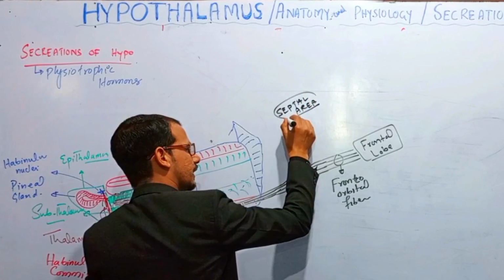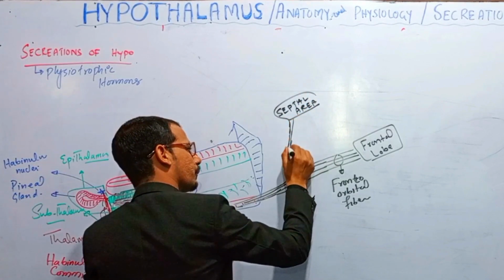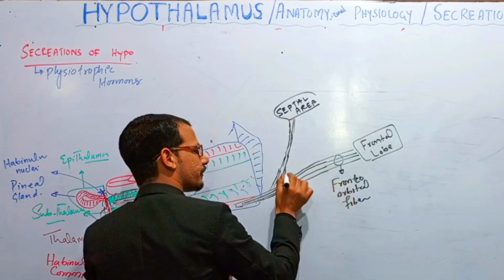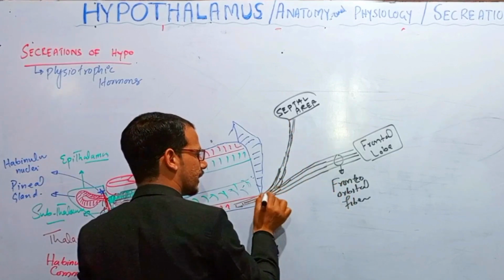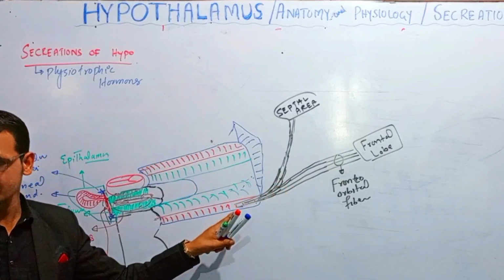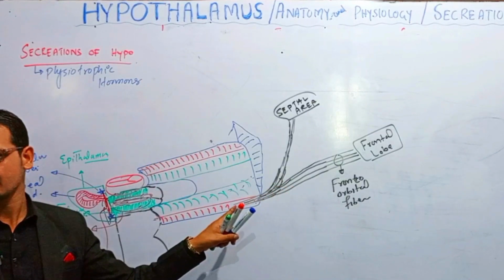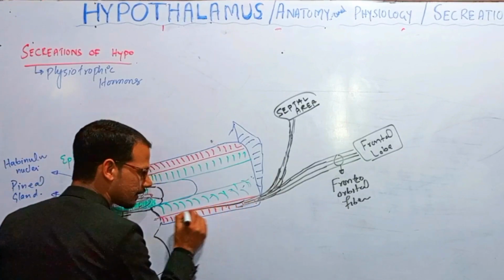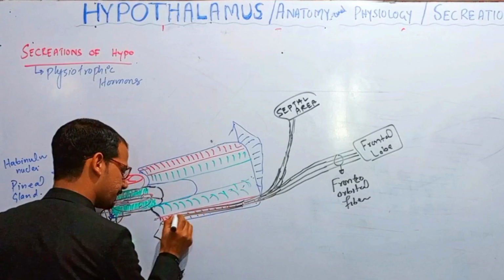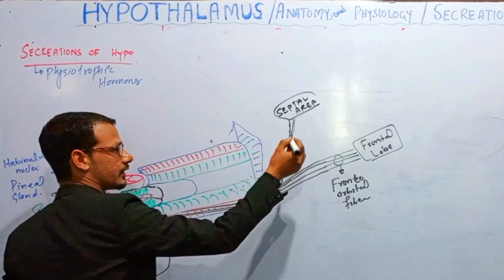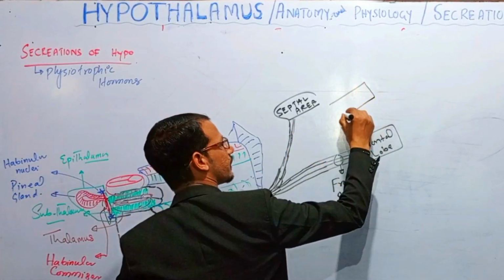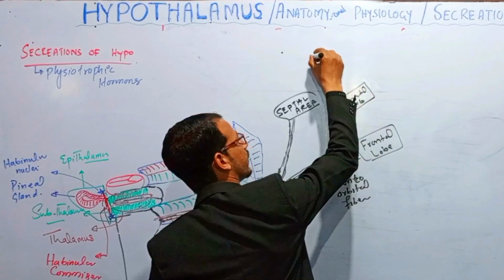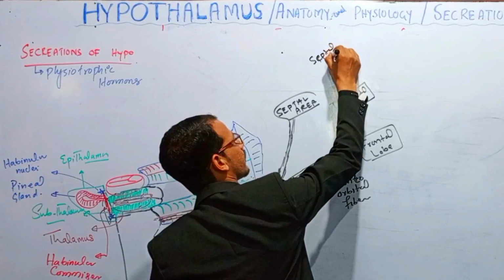From septal area the fibers are coming, joining these fronto-orbital fibers and entering into this lateral side of hypothalamus. Here these fibers are passing from, for example, here is the left side of the frontal lobe, and this is the septal area.